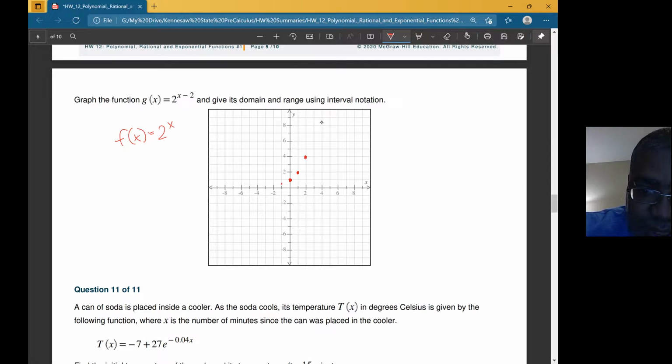Negative 1, 1/2. And this is the original function. Three would be 8. Yeah, and then you go like that.